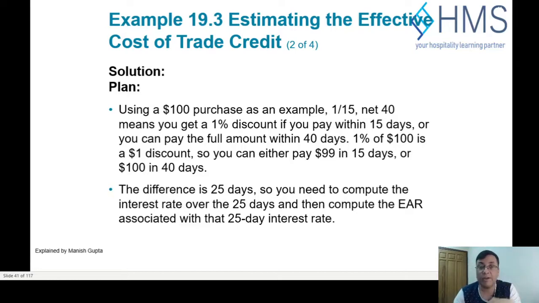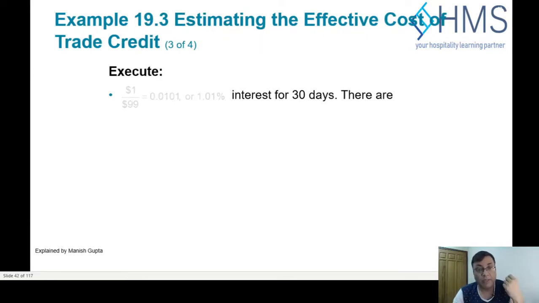So what is the annual rate of return? This is how you calculate it, because your interest saving is 1 over 99. So you are basically paying 1.01% interest for 25 days.